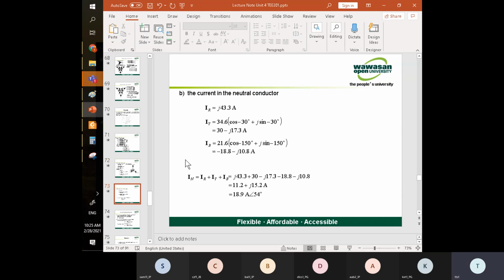And then for the neutral, we have some current in the neutral, so this load is unbalanced. If the load were balanced, because you have the neutral, you would have zero current flowing through the neutral.